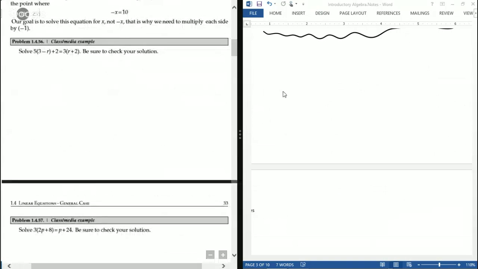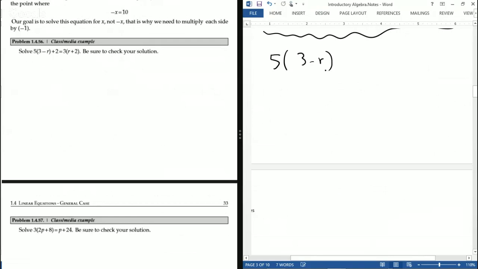Actually, I'm going to just start by doing a problem. I'm going to rewrite this problem first, and then let's just do it step by step. The problem is 4 parentheses 3 minus r, plus 2, is equal to 3 times r plus 2.